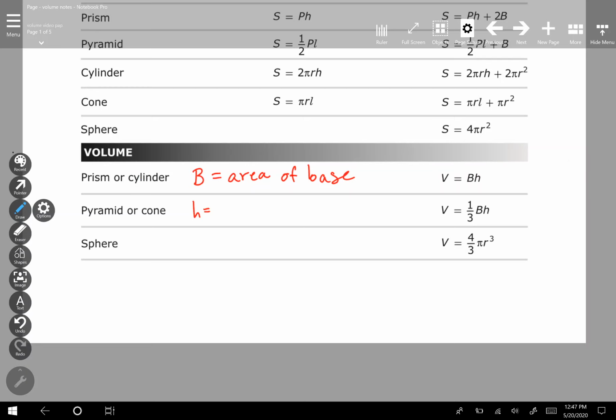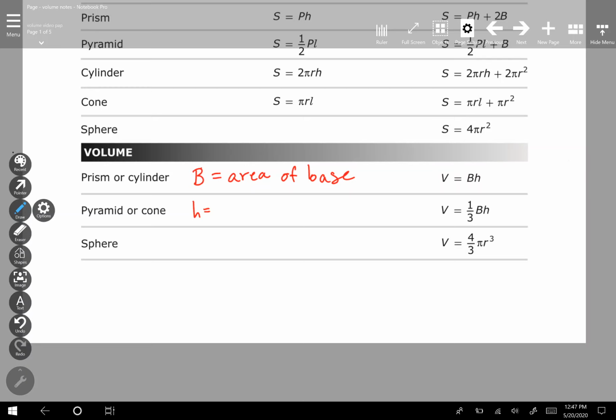For a rectangular prism, the bases would be a rectangle. For the pyramid or the cone, it's that flat side, either the square or rectangle on the bottom or the circle for a cone, just not the slanted sides. So big B is area of the base.